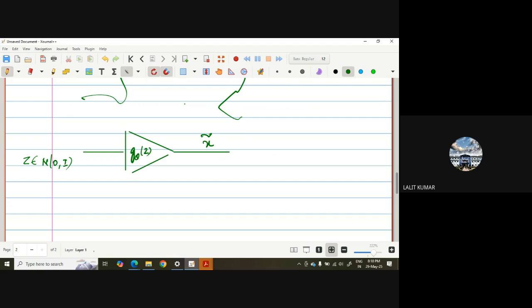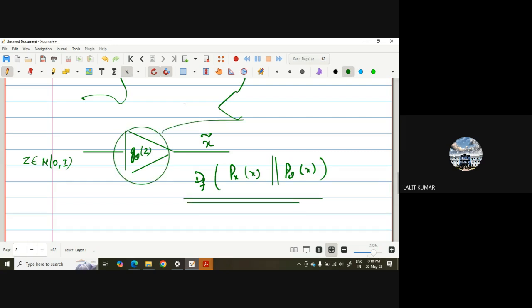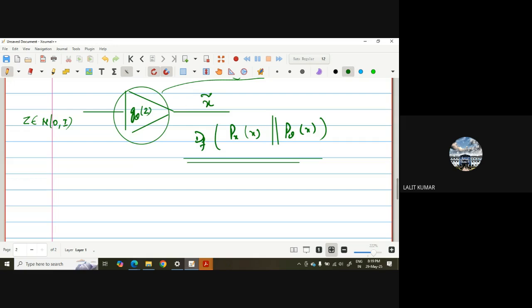So our idea is to bring down the divergence measure between p_X(x) and p_theta(x). We have to minimize this divergence. Then only this neural network will be able to estimate p_X(x). Is that okay? So we have to find the minimum parameters theta, argmin of D_f of p_X and p_theta.